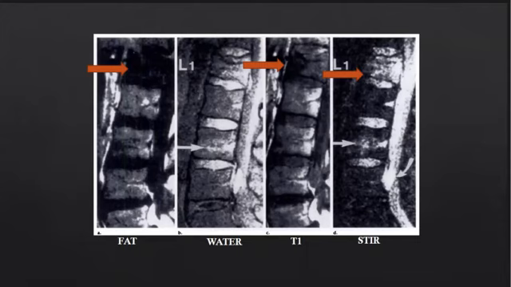The high signal intensity is accentuated on STIR image. Here, in this case, a more homogeneous pattern of high signal intensity in water sequence in L1 demonstrates an atypical pattern than is usually seen in an acute benign compression fracture.